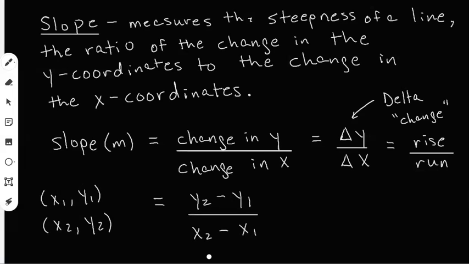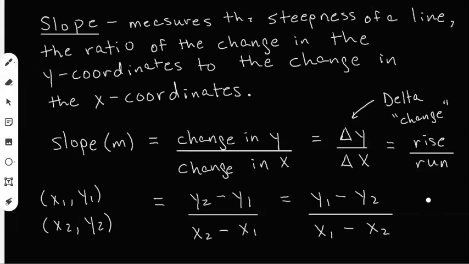Now, the cool thing about this formula is the 2's always come first, but you can actually write it this way with the 1's coming first, and you'll get the same answer. So I can also put the 1's first. So you can have the 2's coming first. That's probably the way that you learned it. But you can also have the 1's coming first, and you'll actually get the same answer either way you do it. So why do they teach us that on the first time?